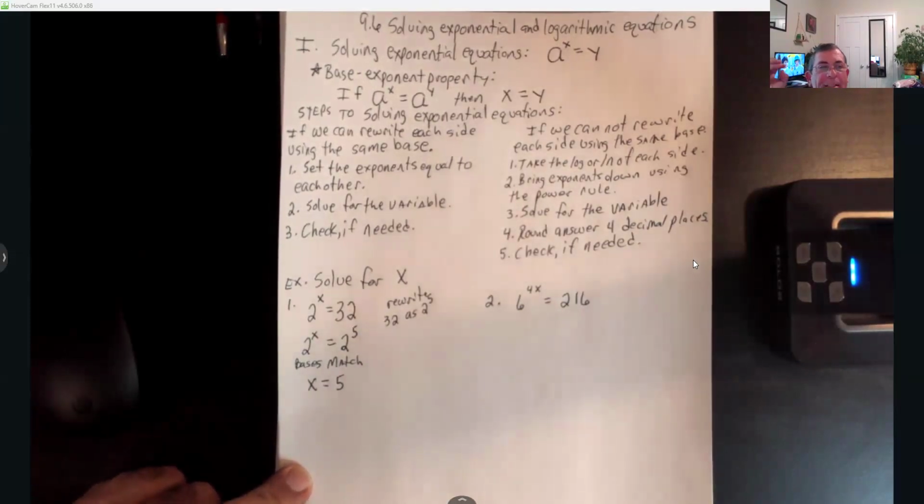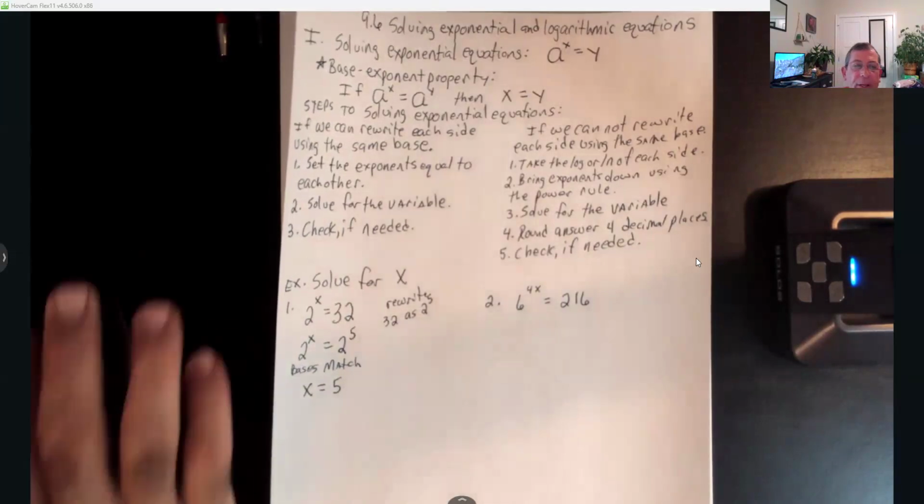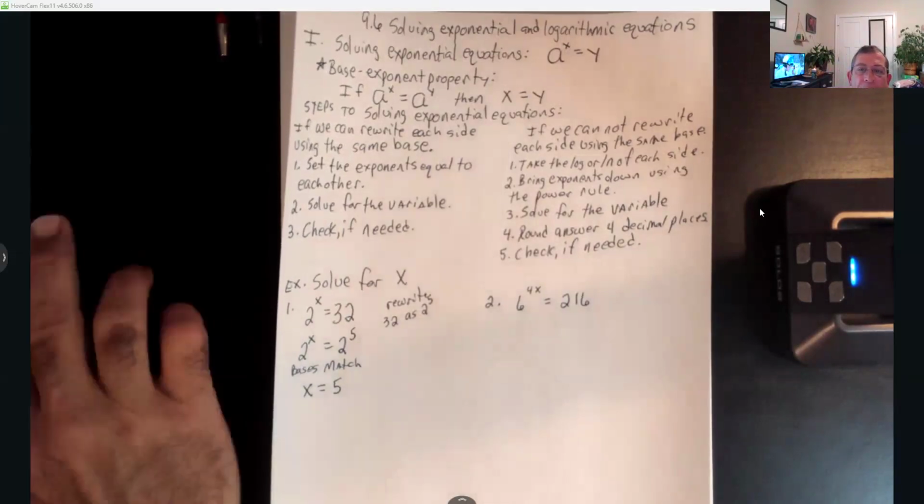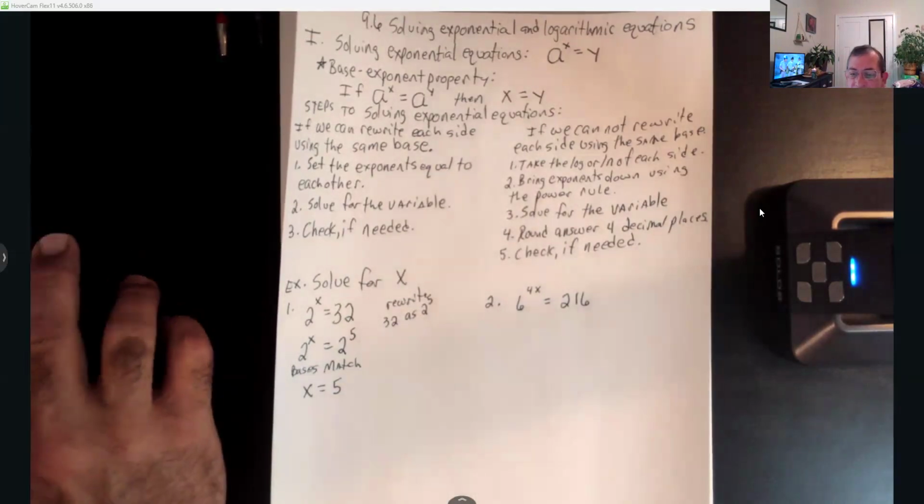So can we multiply 6 times itself to equal 216? And y'all, that would definitely be able to check out on my calculator. So let's try it and see.